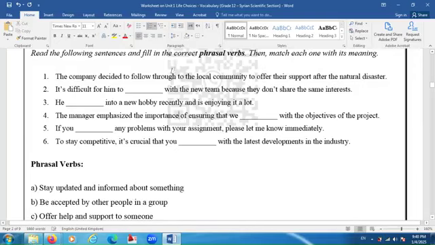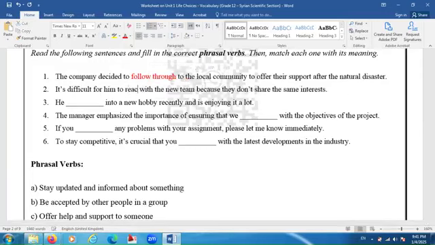Follow through to the local community. Number 2, it's difficult for him to with the new team because they don't share the same interest. It's difficult for him to understand or to deal with them. So, to reach out.